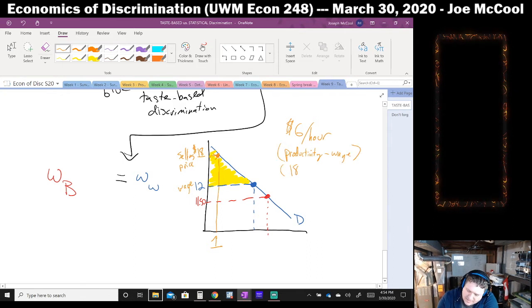So every hour, this worker is making $18 worth of stuff, and you're only having to pay them 12. And that's the first worker.